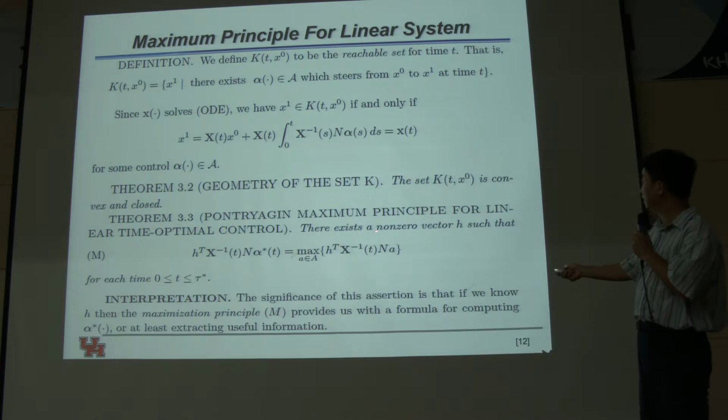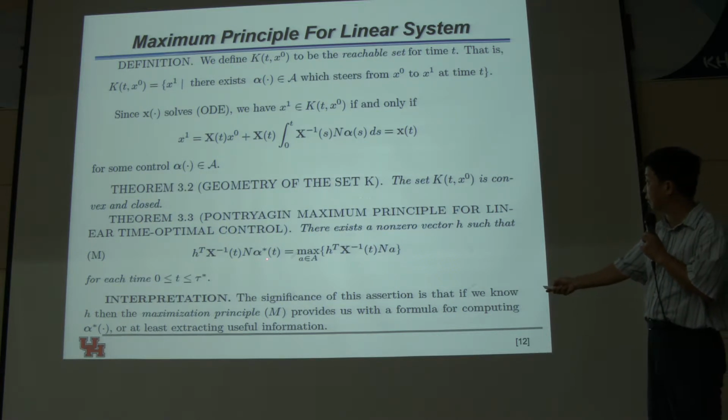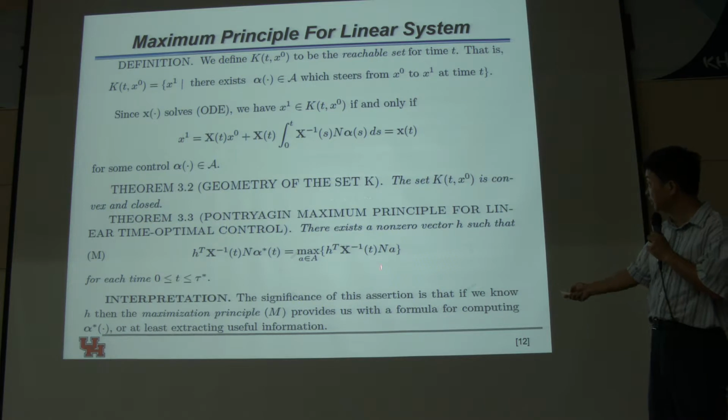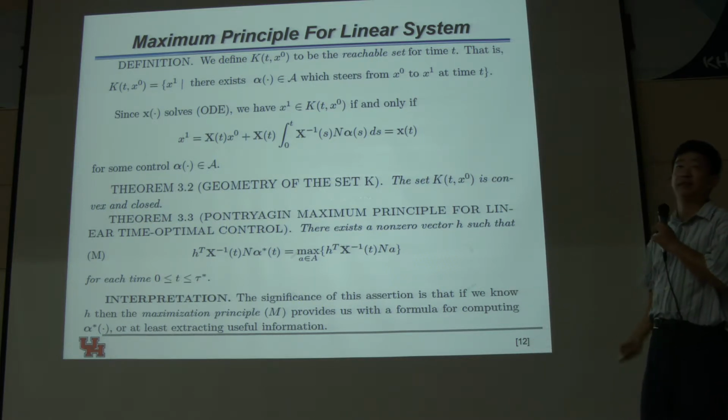Basically, if there is a fixed h, such that, with x as the state and alpha as the control, we try to optimize among all controls such that we can maximize this. Suppose we can maximize this, then the control alpha is optimal.